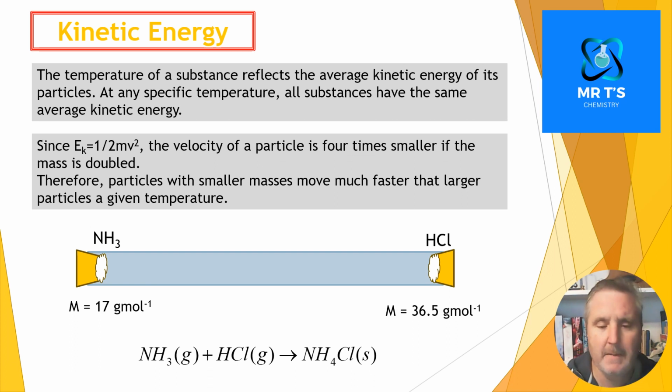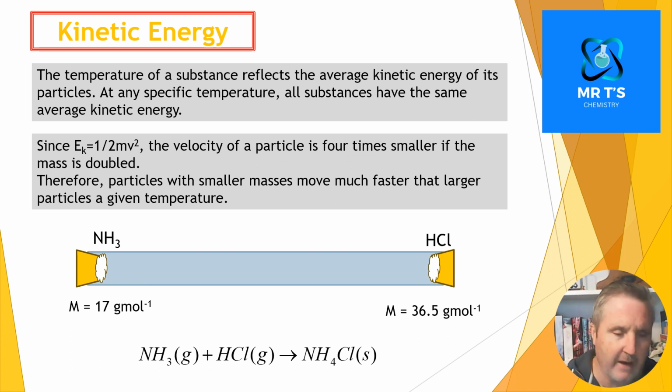and on the right hand side we had another cotton swab with concentrated hydrochloric acid wetting this cotton. What we would essentially have is the ammonia would give off ammonia gas, and the hydrochloric acid would give off hydrochloric acid gas. Now, because the ammonia has a molar mass of 17 and the hydrochloric acid has a molar mass of 36.5, the ammonia is going to move or diffuse.